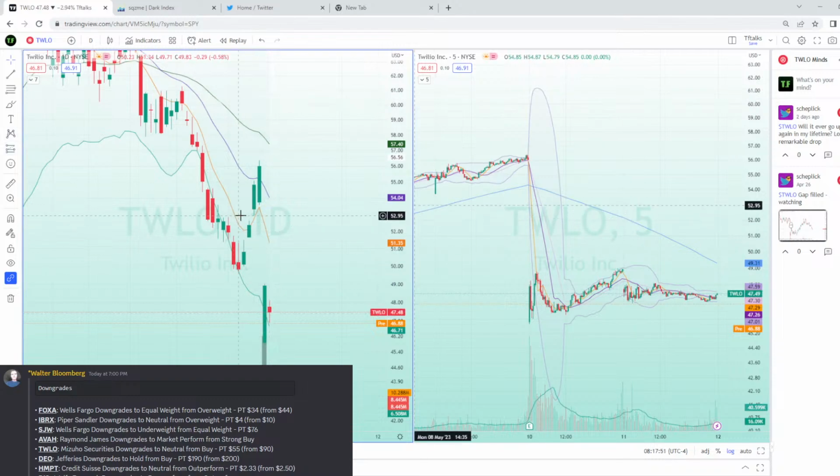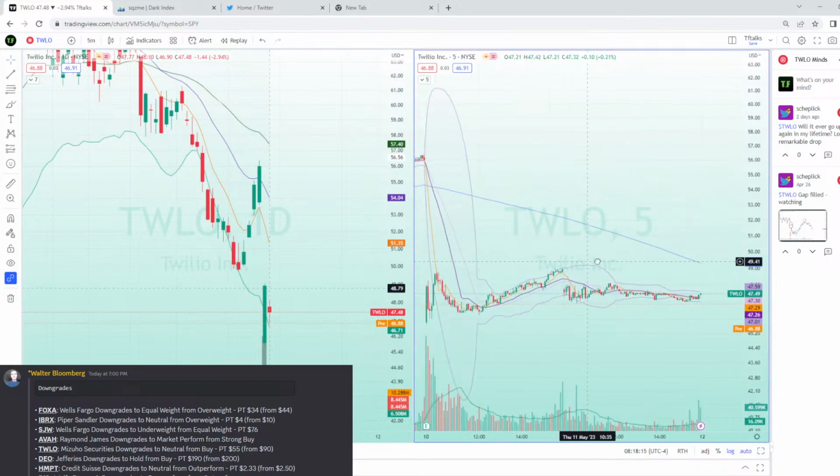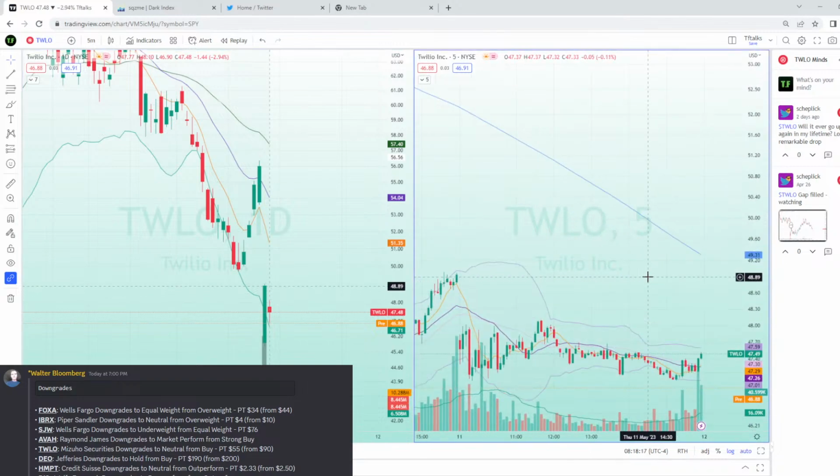Let me check. But it's not too bad, I believe. It just dropped about, oh yeah, 12%, and yesterday it was basically basing at the bottom. It's basing at the bottom. In the pre-market, it dropped about 1%.